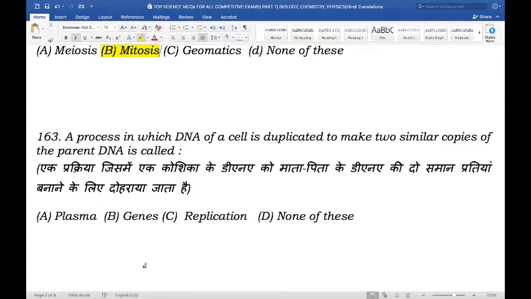So which process includes the DNA of a cell to be duplicated and made into two similar copies of the parent DNA? So this process is called C. DNA replication is a biological process of producing two identical replicas from one original DNA molecule. This is an essential part for biological inheritance.